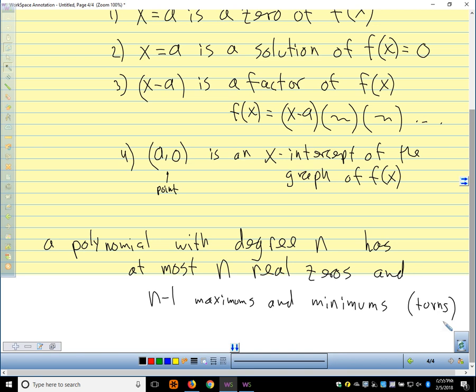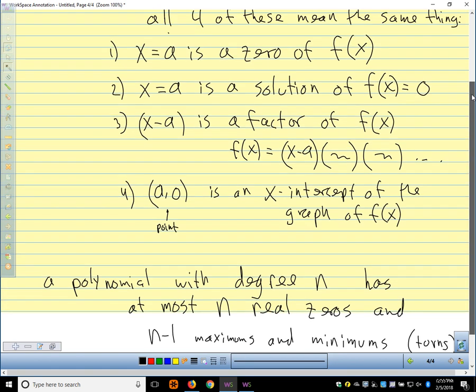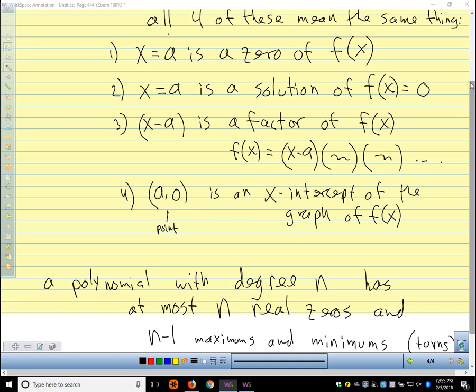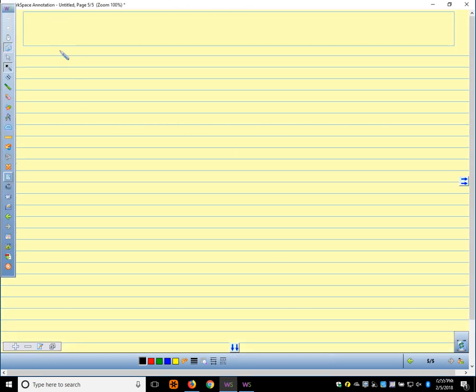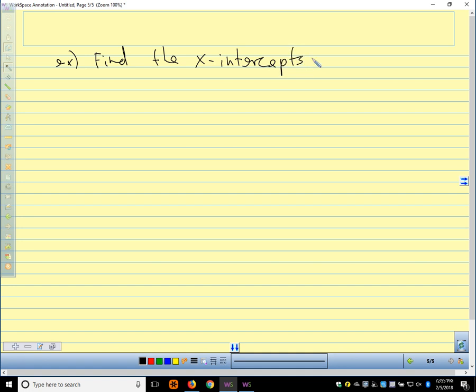All right, so let's look at an example of applying this, and that example is going to lead us into one other interesting thing about polynomials. We want to find the x-intercepts of this function.